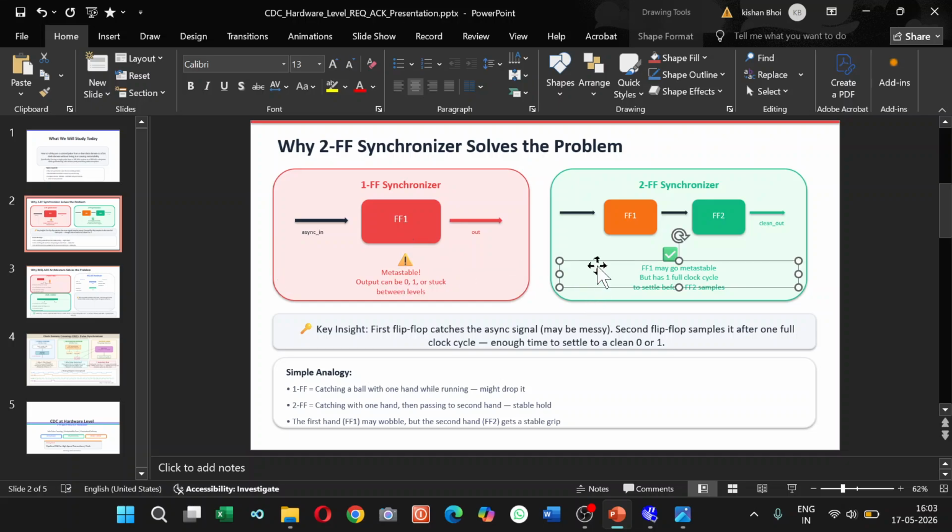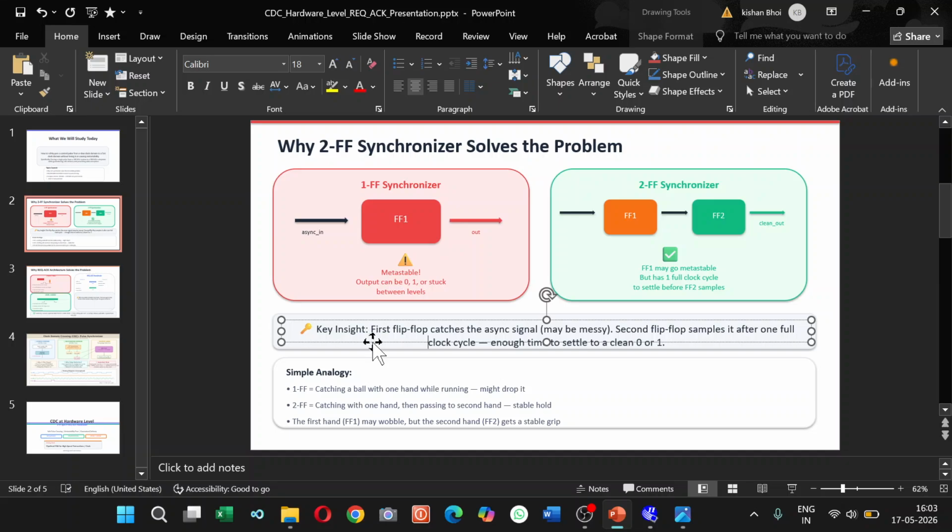Now, why a two flip-flop synchronizer? In the two flip-flop synchronizer, flip-flop 1 gets the unstable state, which is the metastable state. After one full clock cycle, that state passes to the second flip-flop and it settles in that time period, so that's why we use a two flip-flop synchronizer.